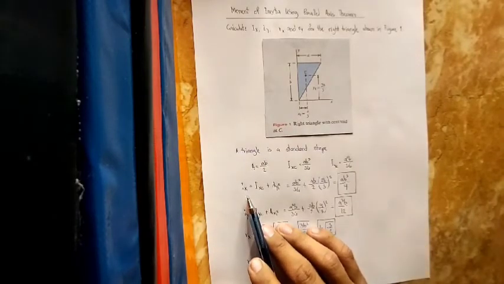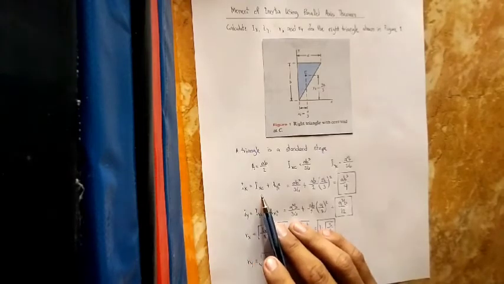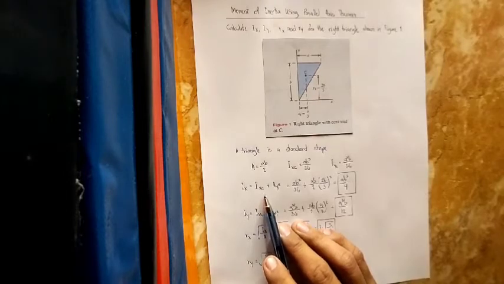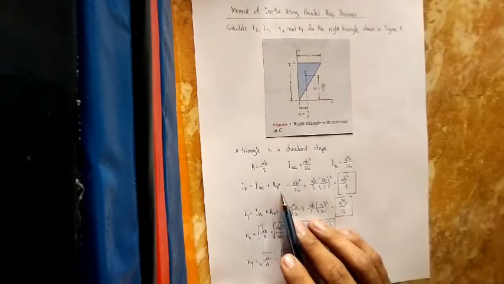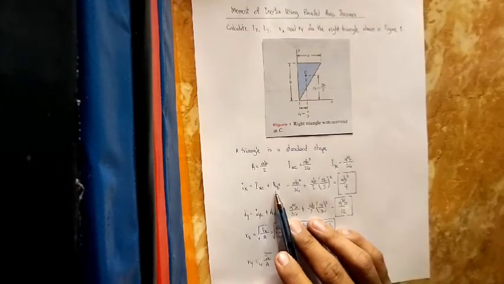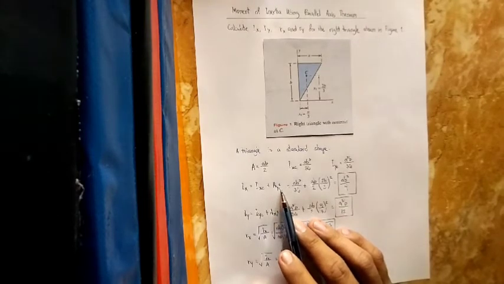Moment of inertia about the x-axis is equals to moment of inertia at the centroid of x-axis plus area times y1 raised to 2.